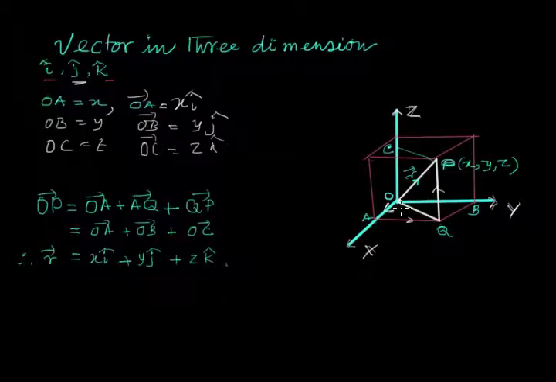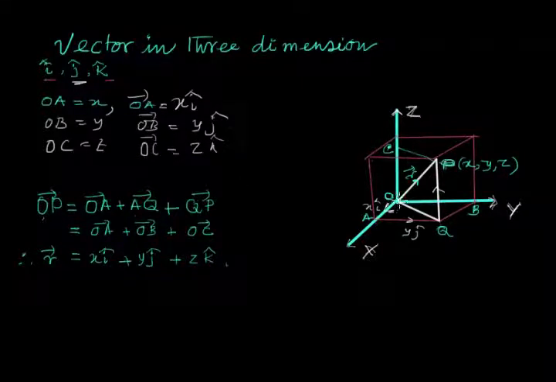Therefore AQ is equal to y j cap. This is x i and this is y j. And now from Q we'll move parallel to the z-axis, that is QP. So finally we are getting vector OP.